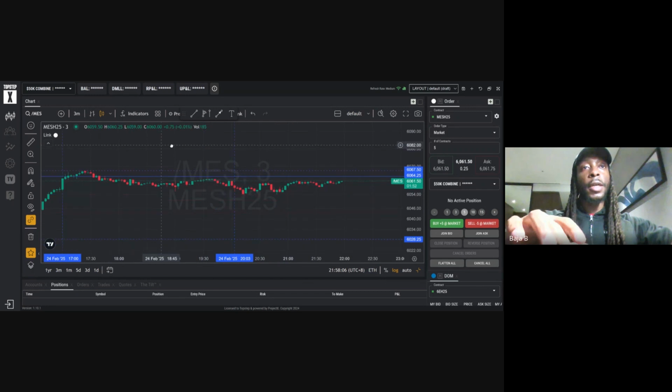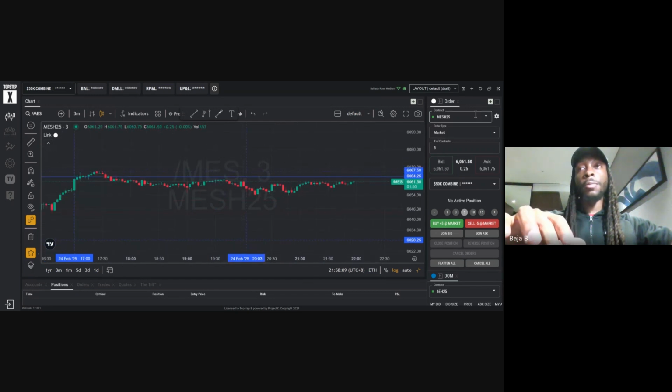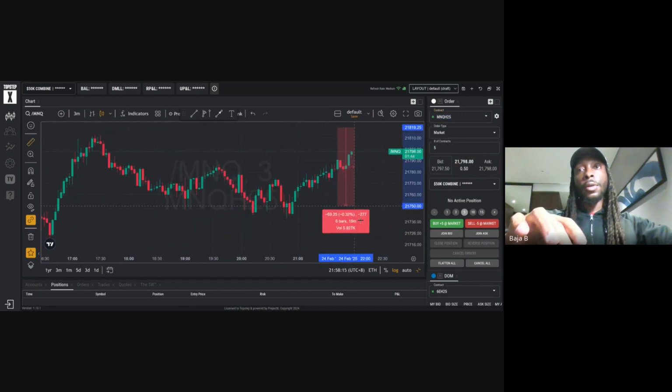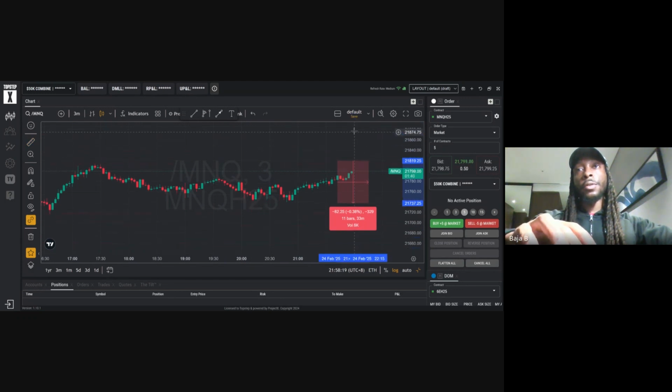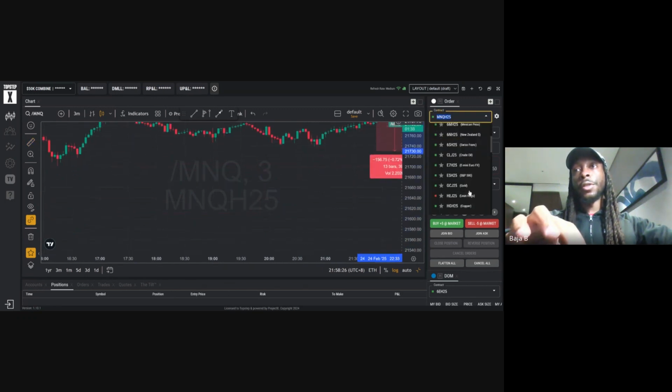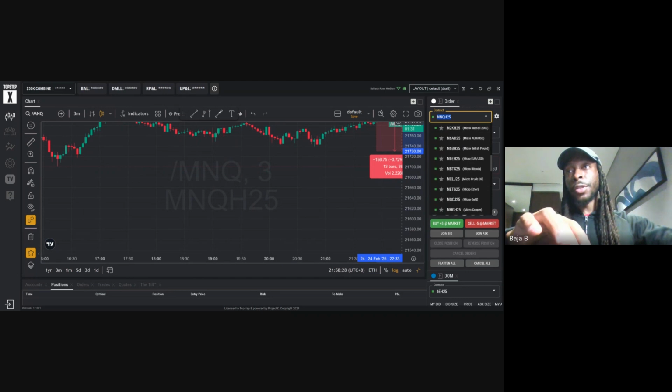Pre-market on S&P, it has been choppy. Take a look at the micro NASDAQ. I believe I said it was 1.67%. I can also show you all the NASDAQ so you can see that it's the same. Micro is just a smaller risk.